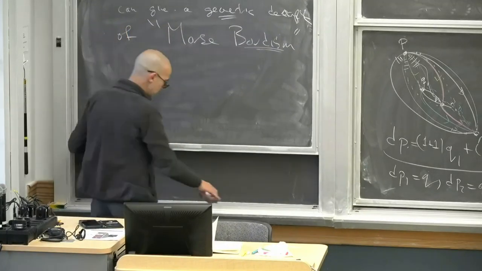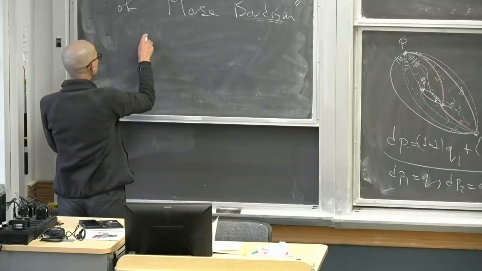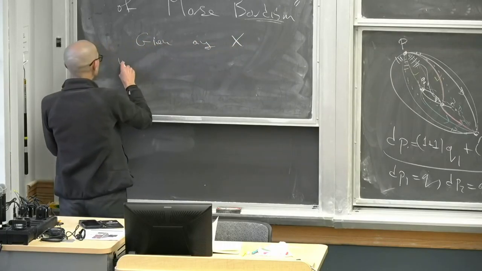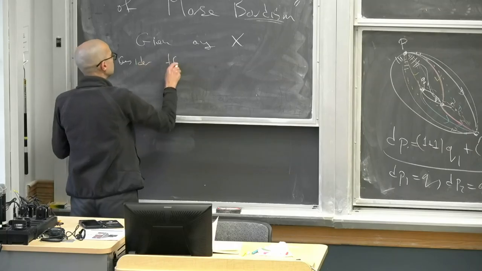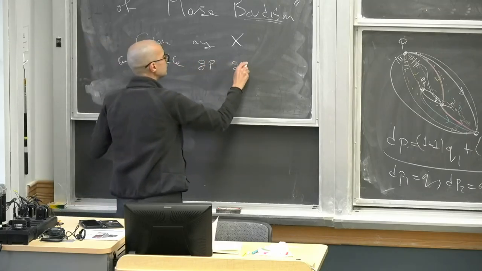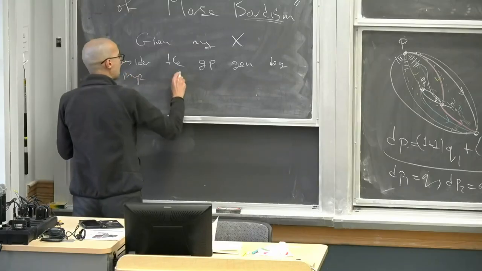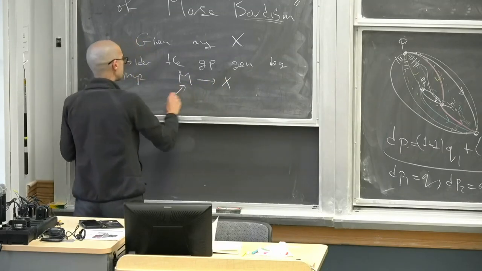Okay, so what is Bordism? So given any topological space X, you consider the group generated by maps M to X, where M is a closed manifold.